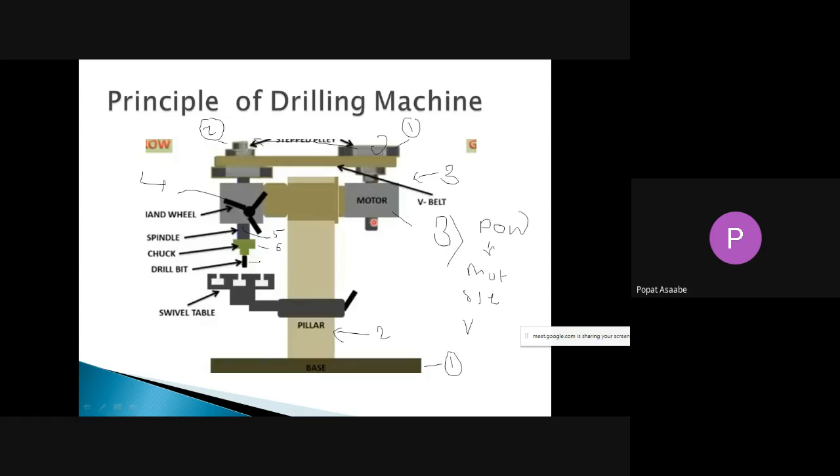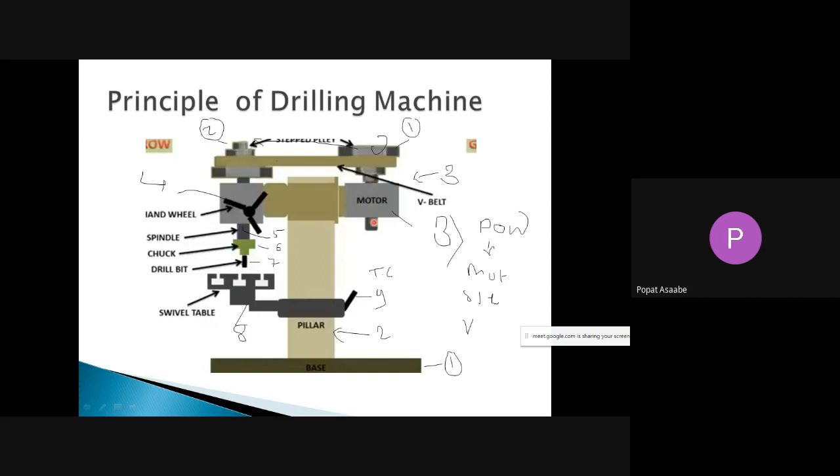And then the last part is the drill bit. Then the swivel table. And this part number 9 is called the table clamp. These are the parts of your drilling machine.